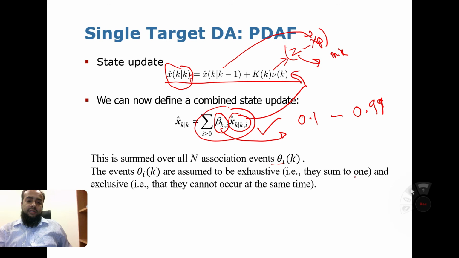It means when we sum up all of them, it should equal 1. The events are assumed to be exhaustive, that is they sum to 1, and exclusive, that is they cannot occur at the same time.